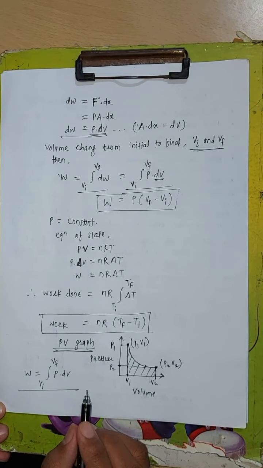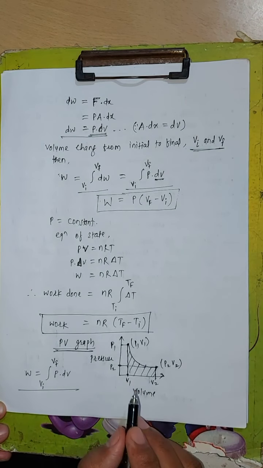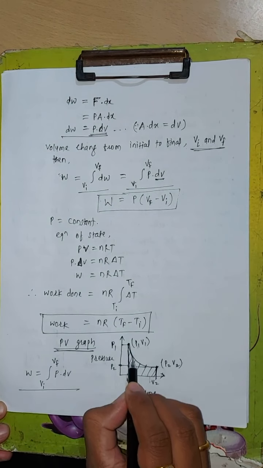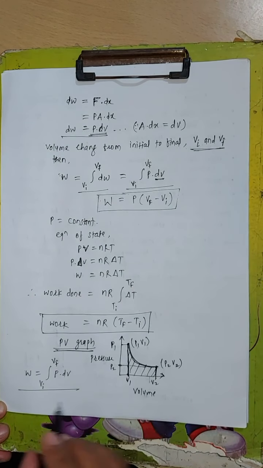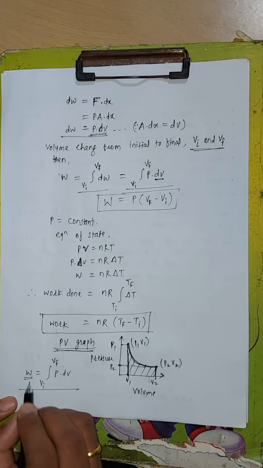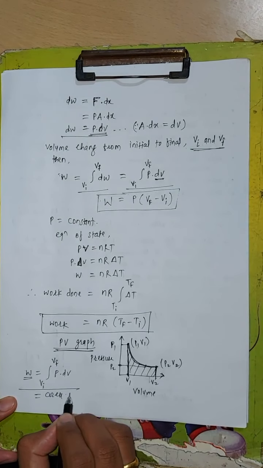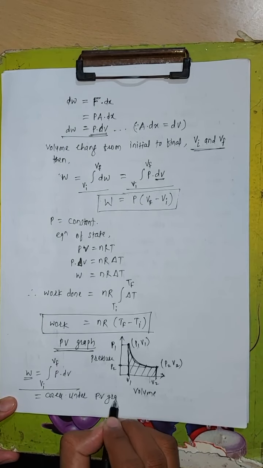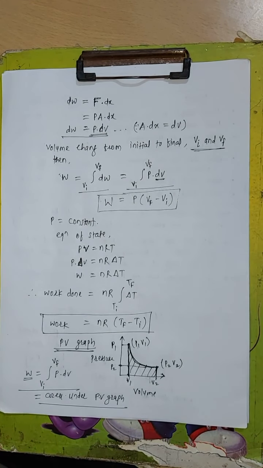This equation is applicable for this PV graph or the area under this graph, which is bounded by the pressure and volume variation. So we can say that this work done must be equals to the area under the PV graph. Okay, so this is also the work done.